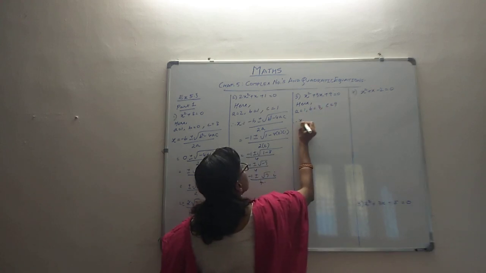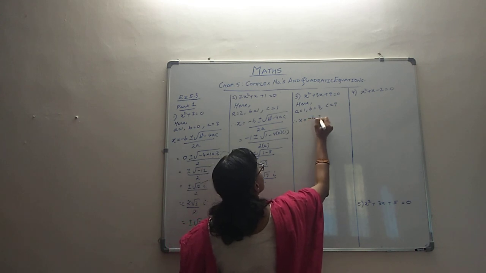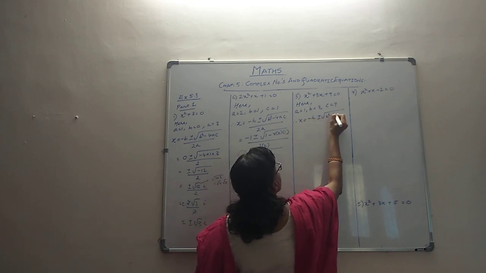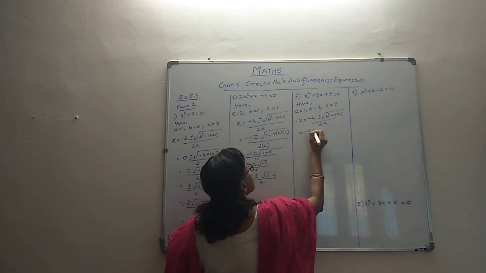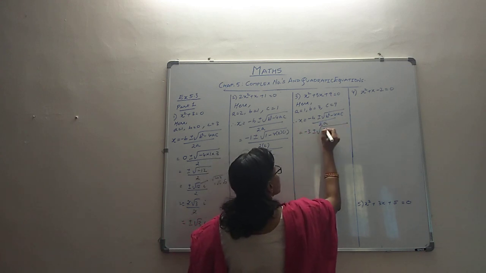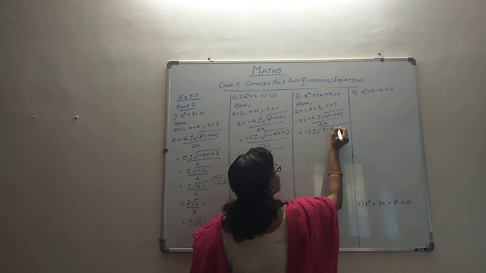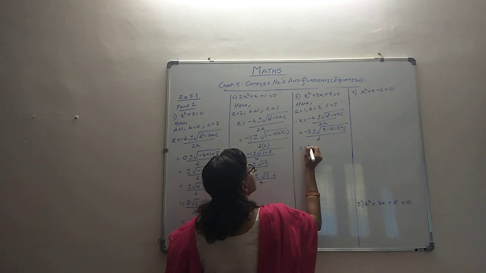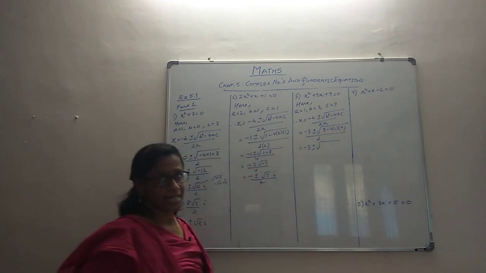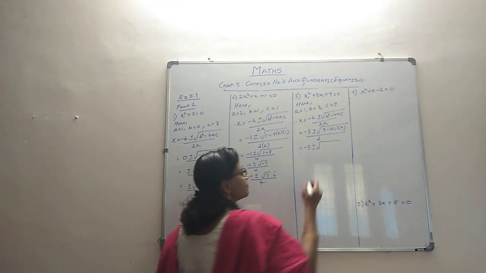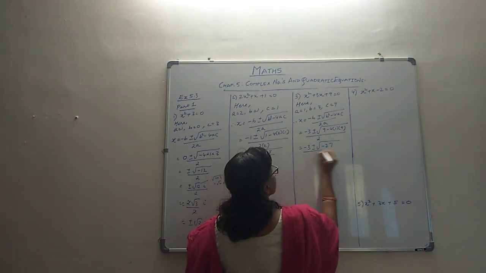The value is minus b plus or minus root of b² - 4ac by 2a. When we work it out, it's minus 3 plus or minus root of 3 squared, 9, minus 4 into 1 into 9, and then 2a, which is 2. So it's minus 3 plus or minus root of 9 minus 36, which is minus 27, by 2.